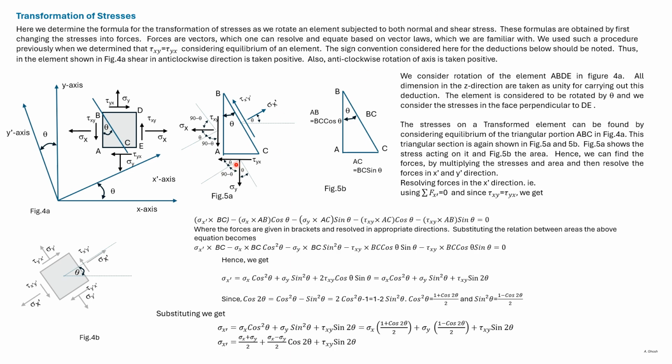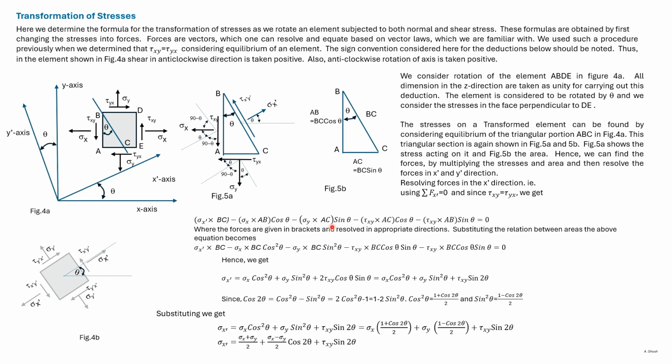We write tau yx as tau xy. So we get tau xy into AC into cos theta, which is negative, minus tau xy into AB into sin theta is equal to 0.